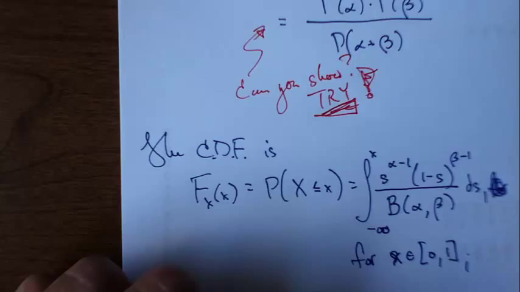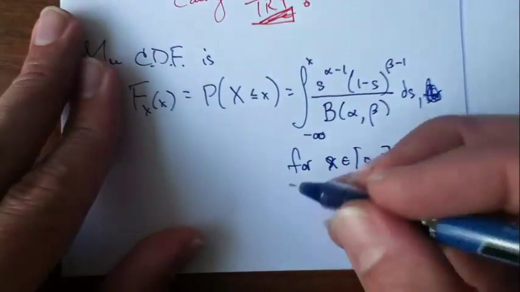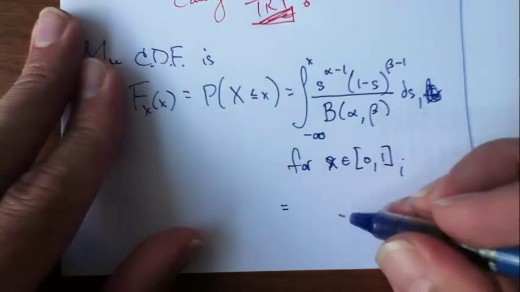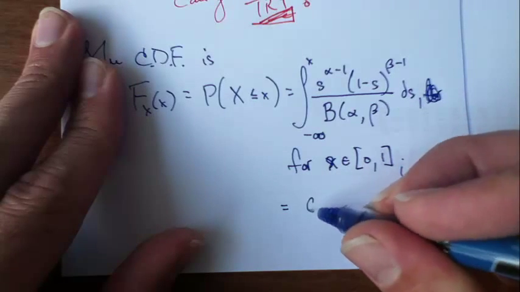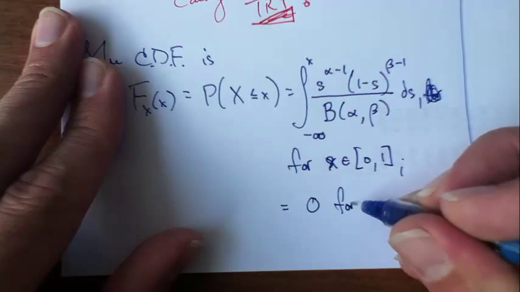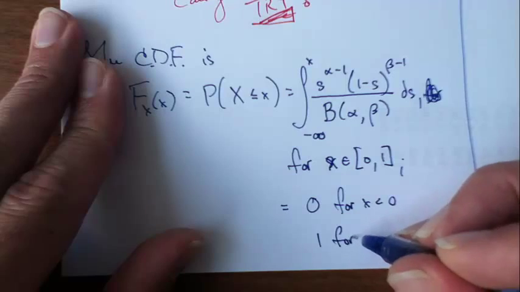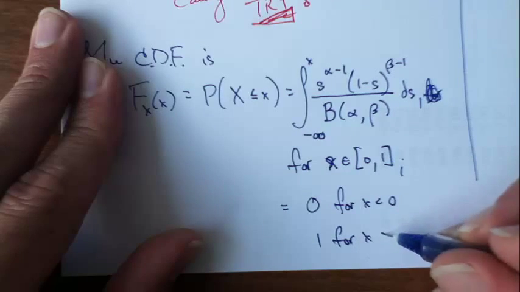Okay, and of course it's equal to 0 for x less than 0 and 1 for x greater than 1.